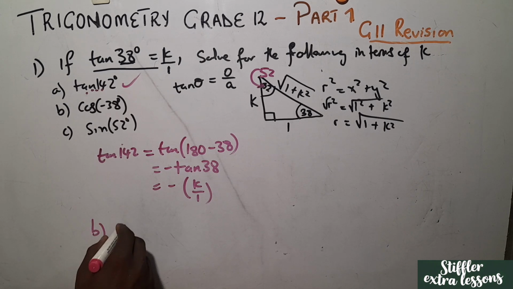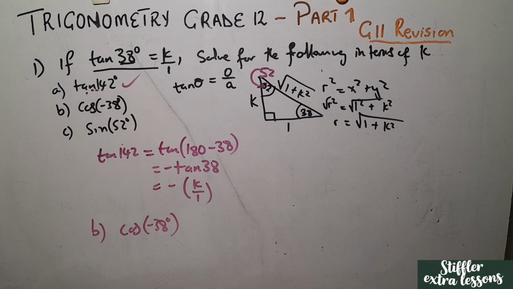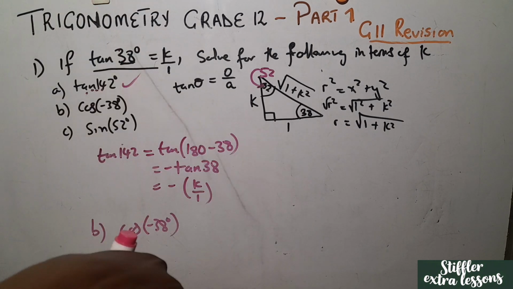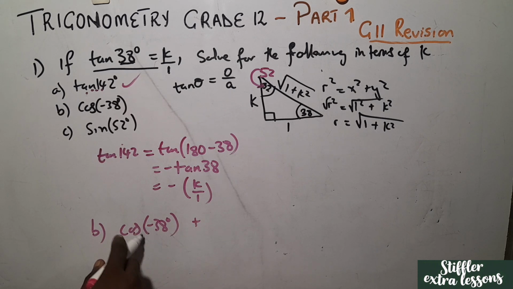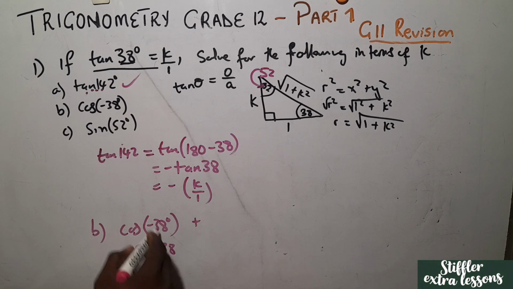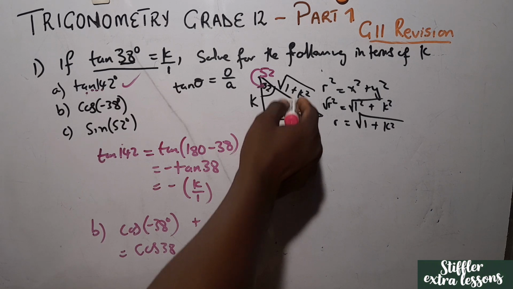Number B, it is saying cos of negative 38 degrees. So negative 38 falls in the fourth quadrant, right? And cos is positive, irrespective of this negative. So it means that this is the same as cos 38, that is positive. Now we're going to check cos 38 according to this. Cos is adjacent over hypotenuse.